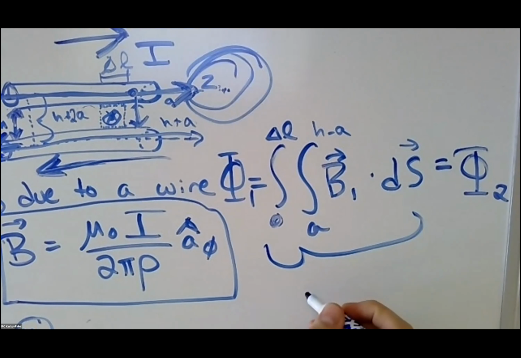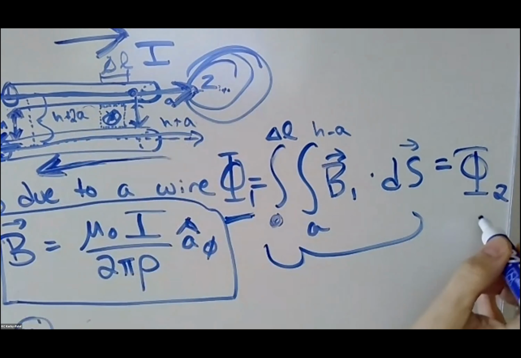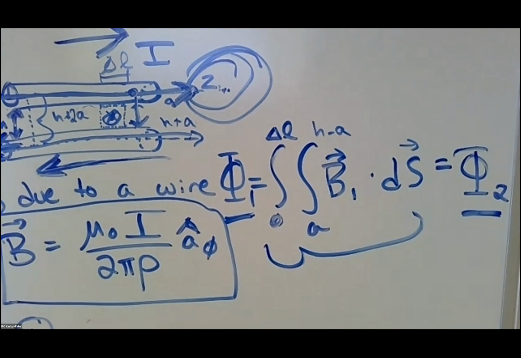The total flux passing through this little square that I've defined is the sum of those two, flux 1 and flux 2, due to wires 1 and 2.